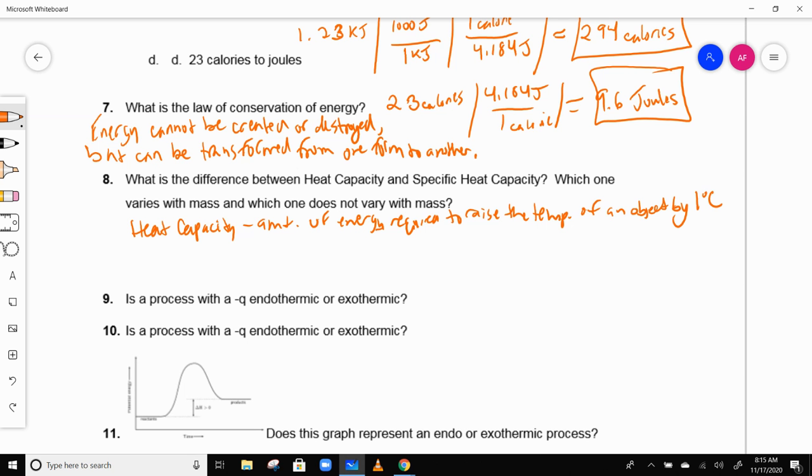It varies with the mass of the object. If the object changes mass, its heat capacity changes. So which one varies with mass? Heat capacity.